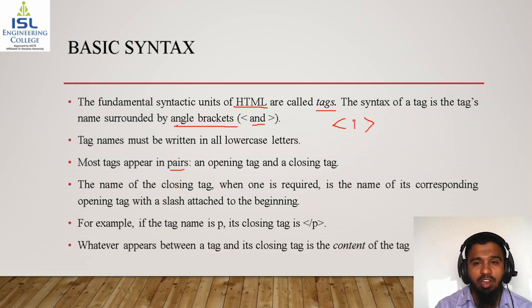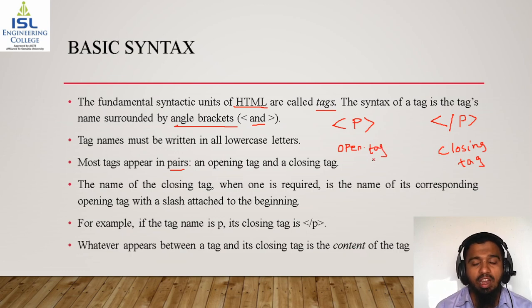Like, remember, I am taking one P. P is a paragraph tag, which you are going to learn in the next slide. I am just taking P. Whatever tag you open, this is how I open the tag, and the closing tag should be with a slash.